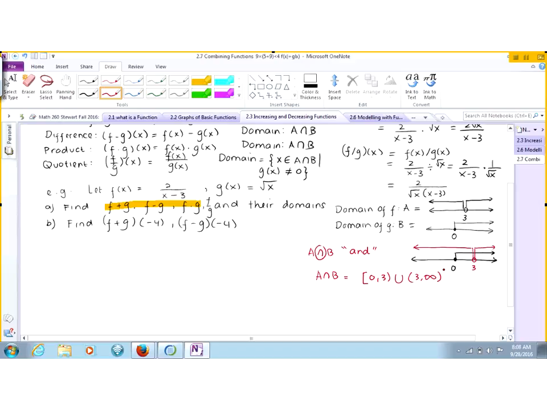So this is the domain of F plus G. Yeah, so three questions: this is the domain of F plus G, F minus G, F times G, which is equal to 0 to 3, union, 3 to infinity.